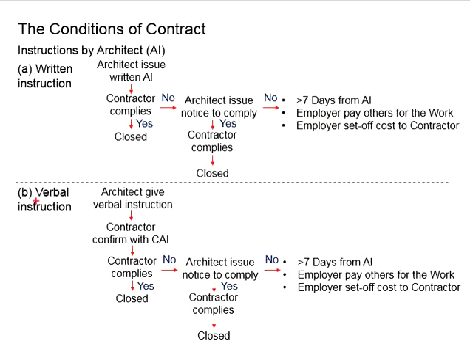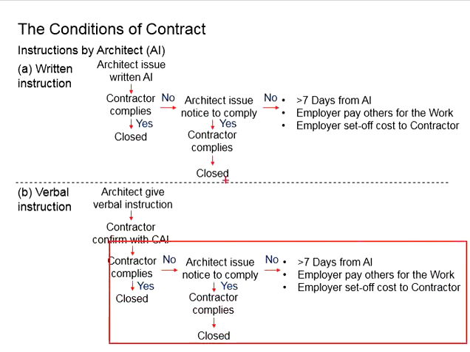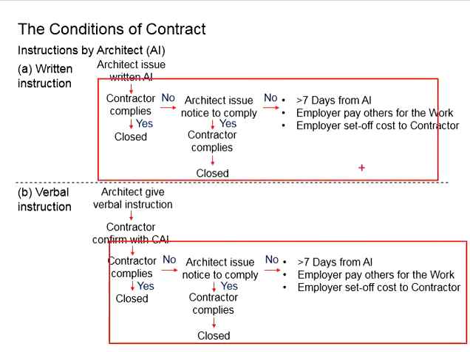In the case that the instructions is given verbally, evidence will be required. With that, the contractor will need to send a written notice known as the confirmations of architect instructions. And the following step here will be similar here.